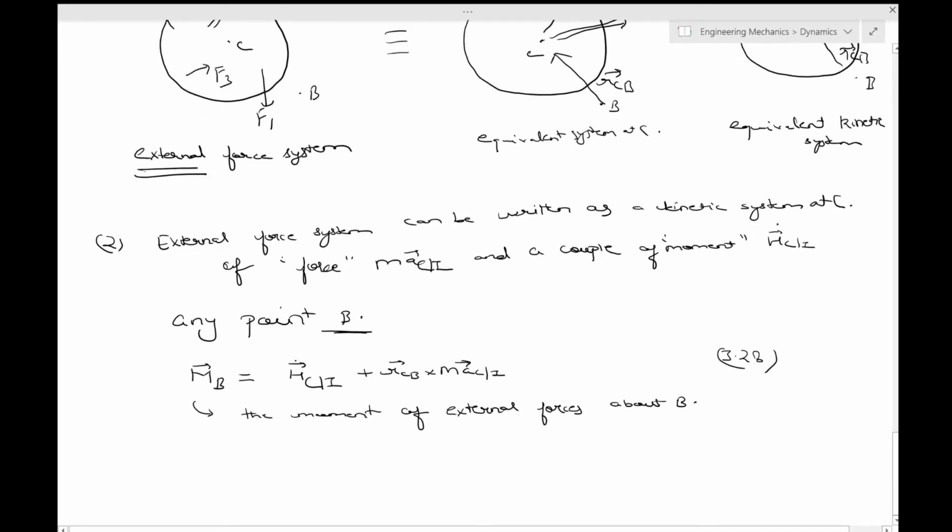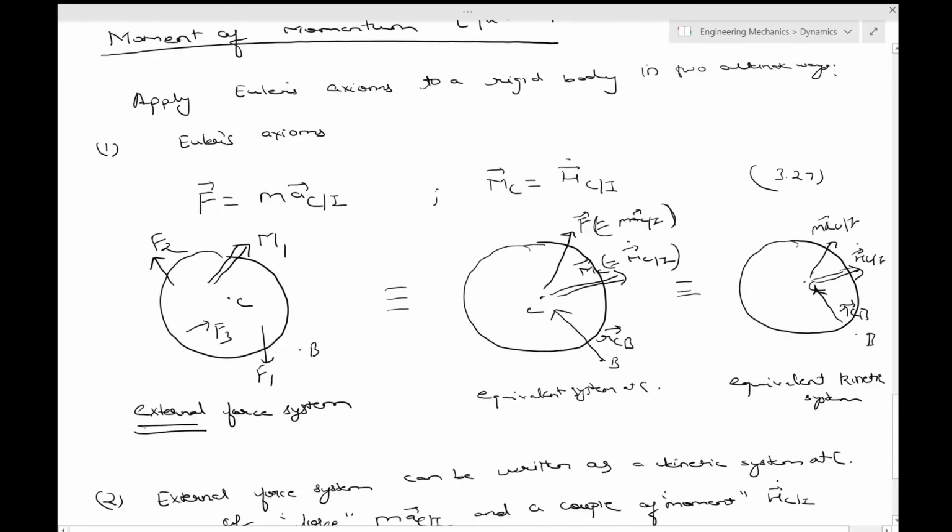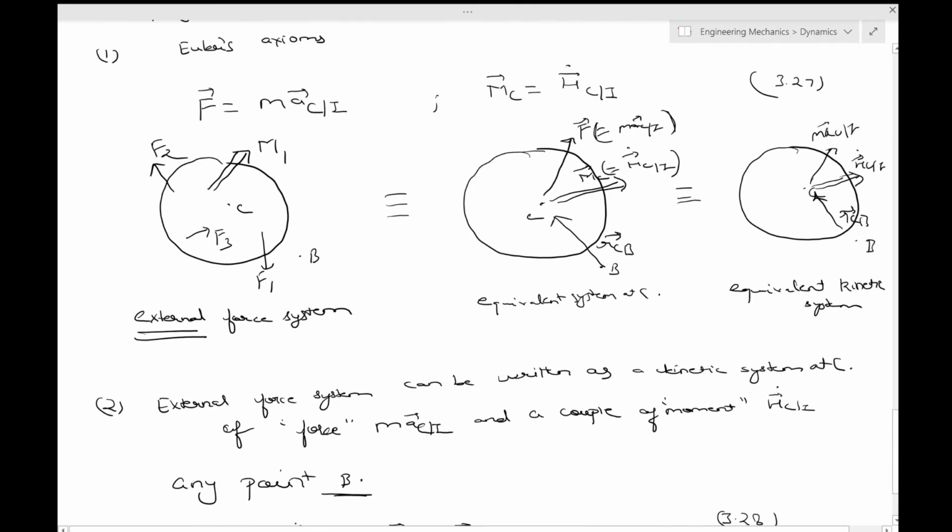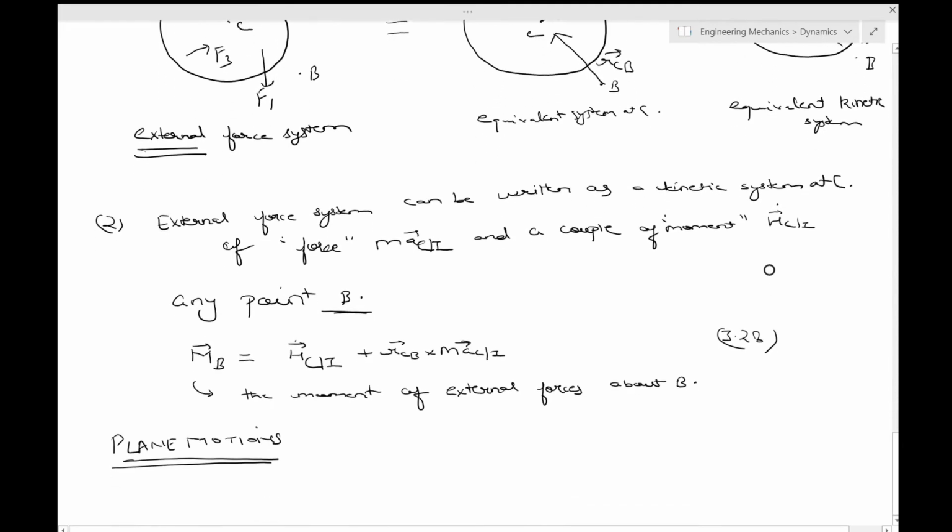When you have plane motion, which is very common in many engineering applications, you will have one of the axes, say E3, constant, and then we would be deriving these equations which you have just written, Euler's axioms, 3.27 and 3.28, for some special cases.